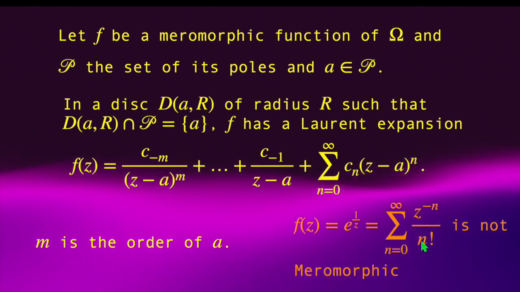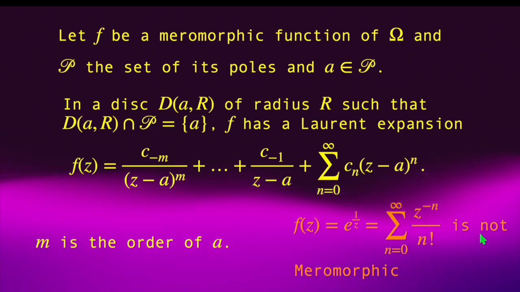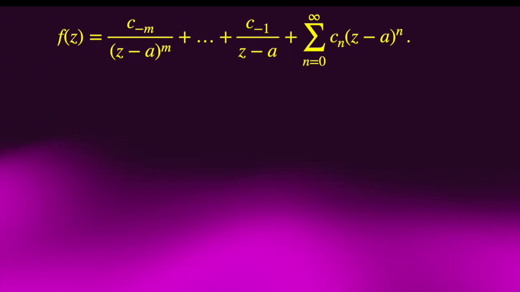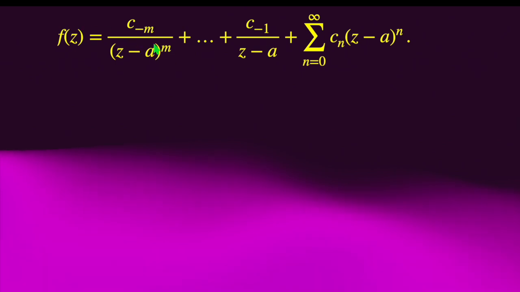We cannot control it because it goes to infinity, and it is an example of a function which is holomorphic except at one point, but it's not meromorphic. Now let's give an important property of a meromorphic function. So we take a meromorphic function, we take a singularity, and we write its Laurent expansion.